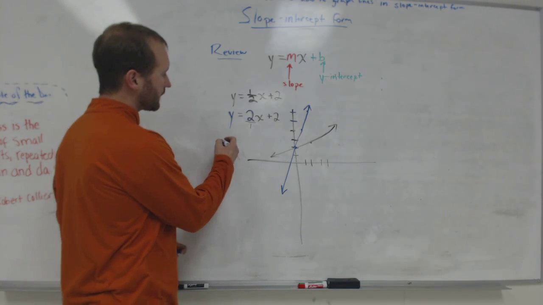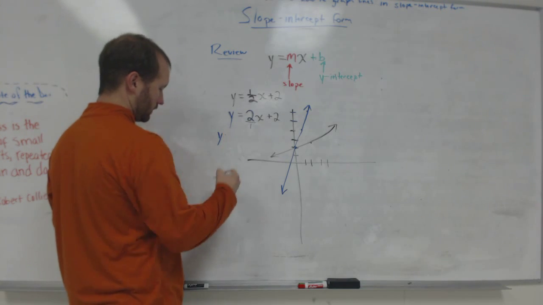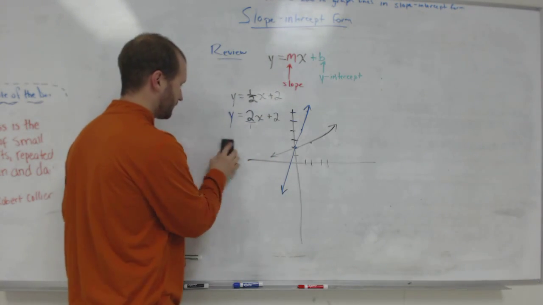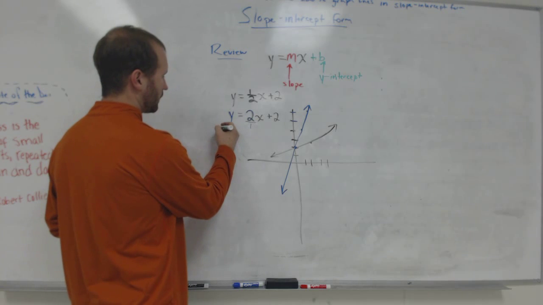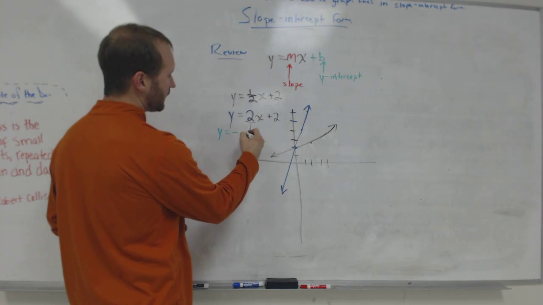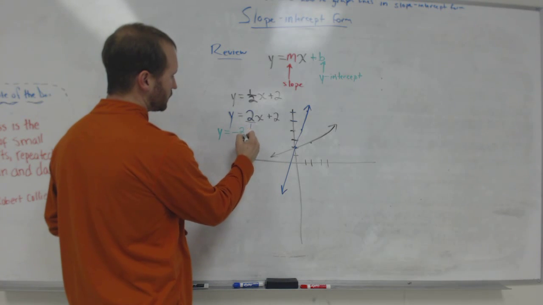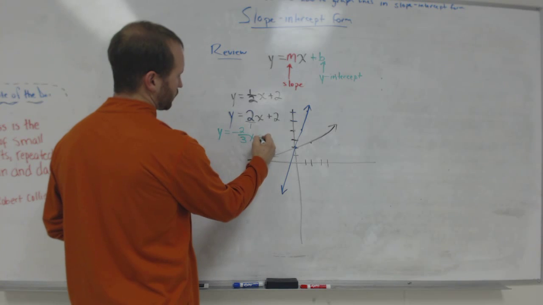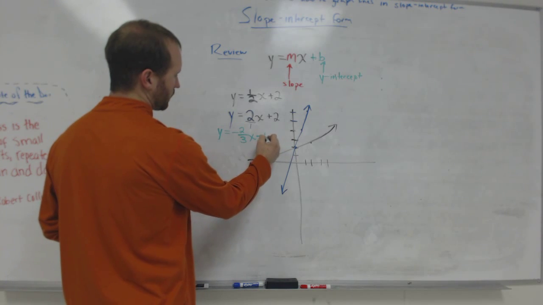What if I had a negative slope? Let's do this one in another color. Y equals, let's say we had negative 2/3 x plus 1.